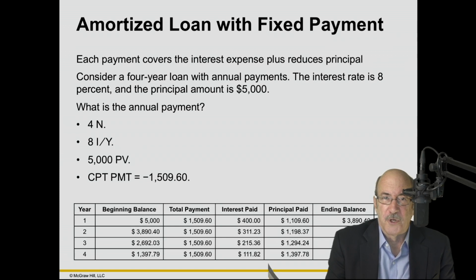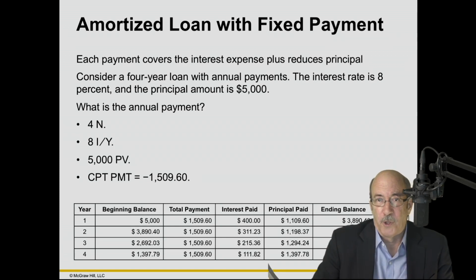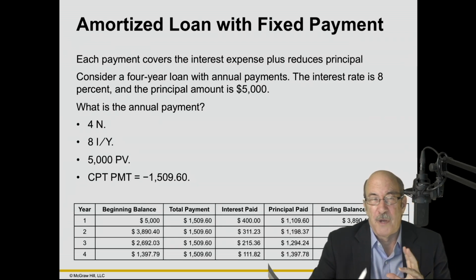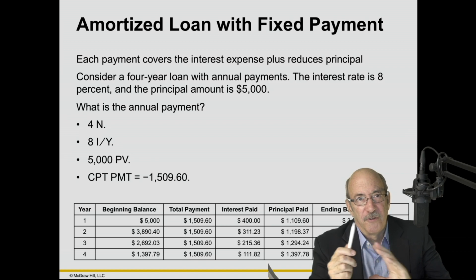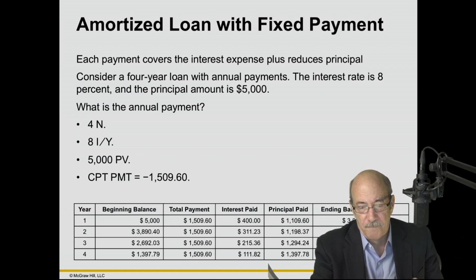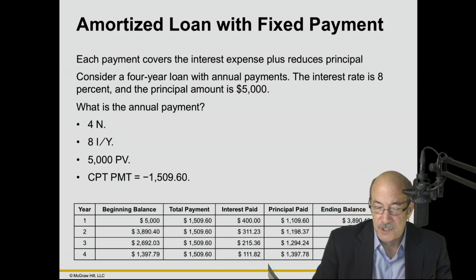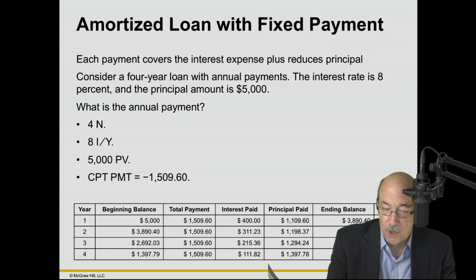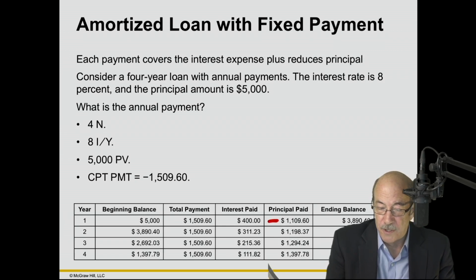And then here's an amortized loan that you and I are familiar with, and that's where we have a fixed payment, but the principal payment varies over time. The amount that's principal versus interest changes over time. And you'll notice here that the principal is always a smaller part of the payment in the near term than it is in the future.